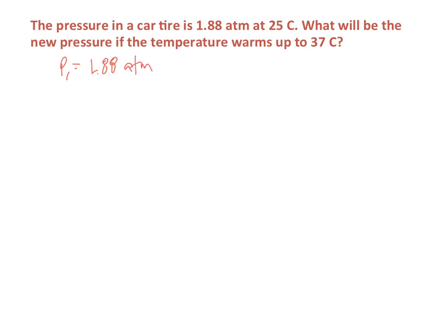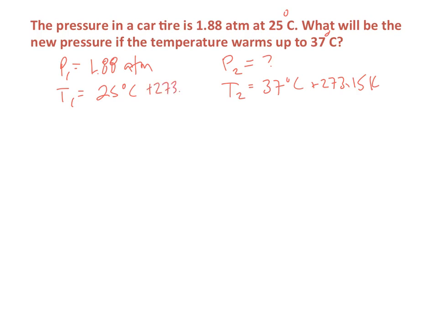We've been given a temperature value of 25 degrees C, and they want to know what the new pressure, P2, will be if the temperature warms up to 37 degrees C. As we know, we need to convert to Kelvin, plus 273. So we convert both of our temperature values.